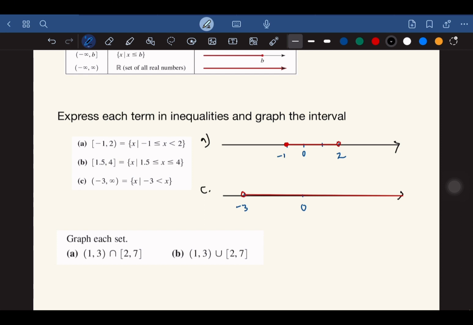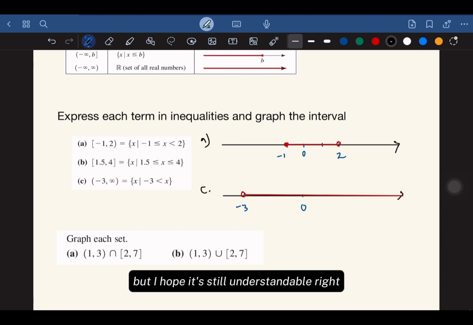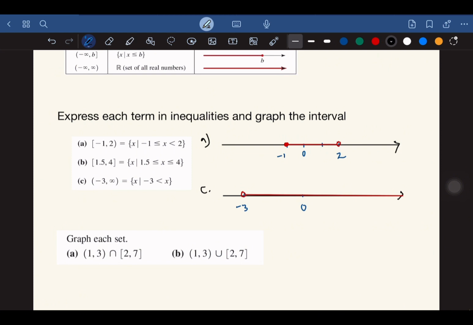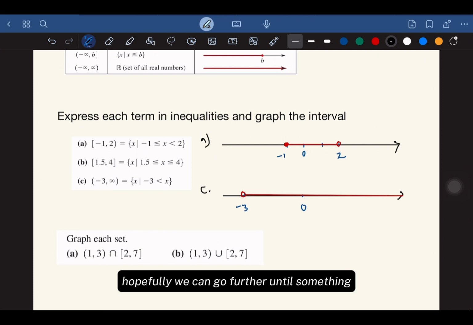I think it's too easy, so I will just explain it quickly. But I hope it's still understandable, right? Okay, I will just go quickly, and hopefully we can go further until we reach something that perhaps is not that easy.